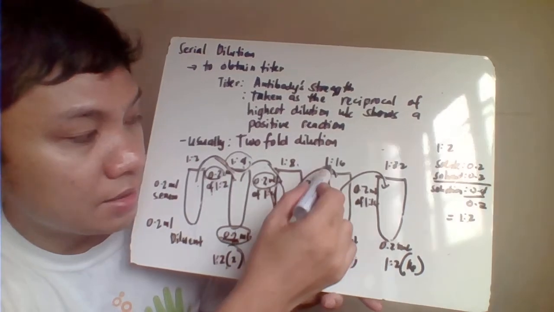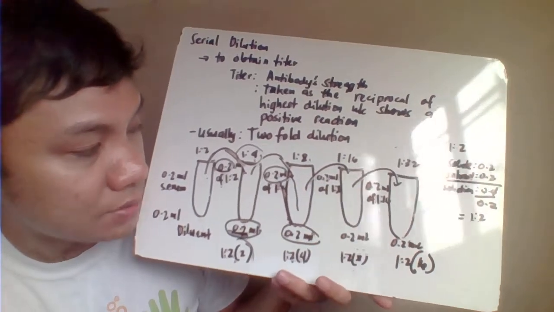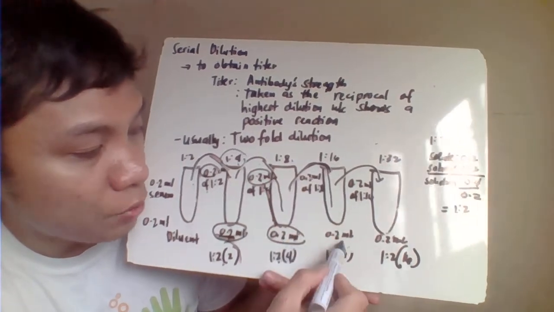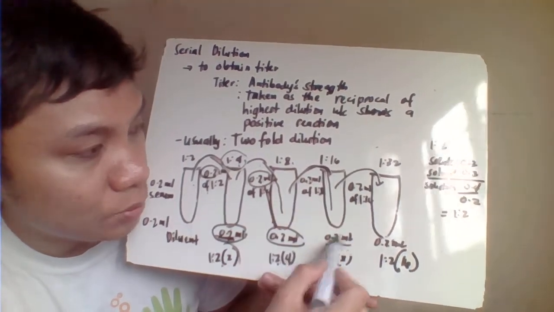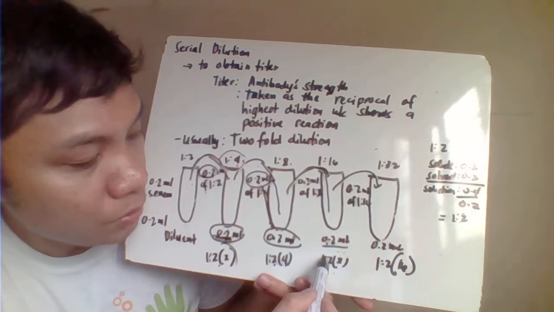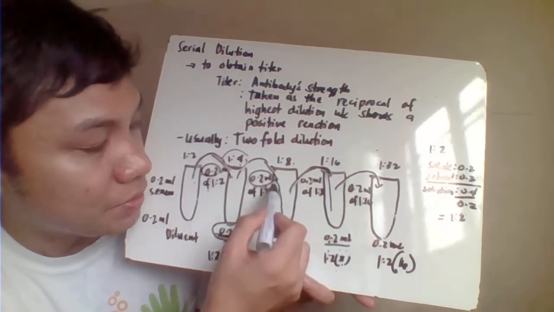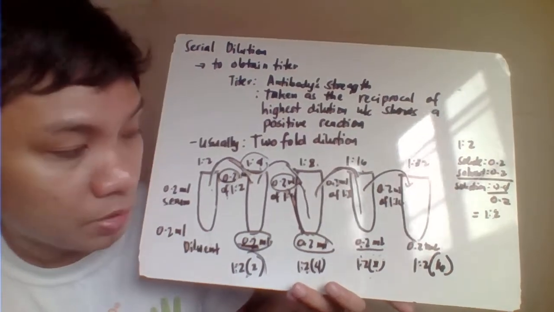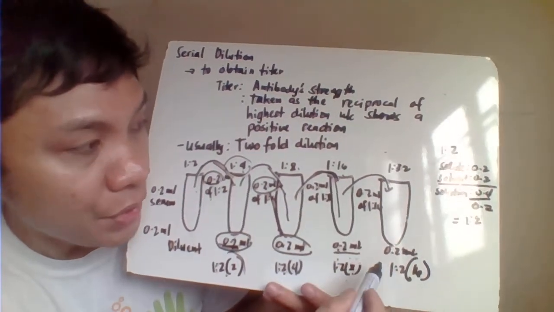Then we have also 1:16, so kukuha ka ulit ng 0.2 ml, lalagay mo dito sa 0.2 ml na diluent mo, that gives you a 1:2 dilution. Since coming from the 1:8, multiply mo sa 8, that gives you a 1:16 dilution. Then we have your 1:32.